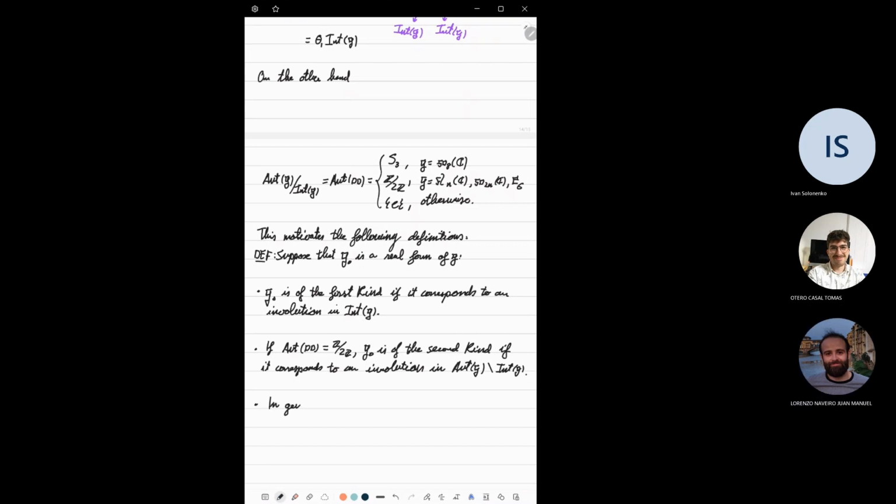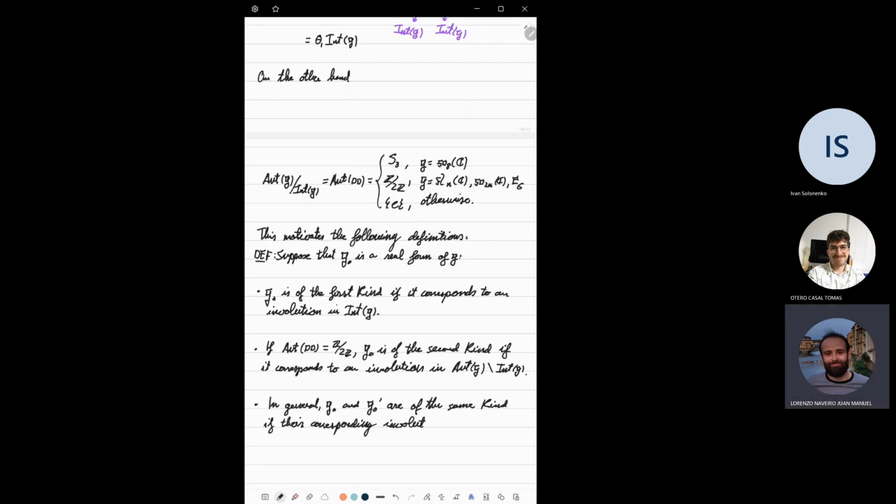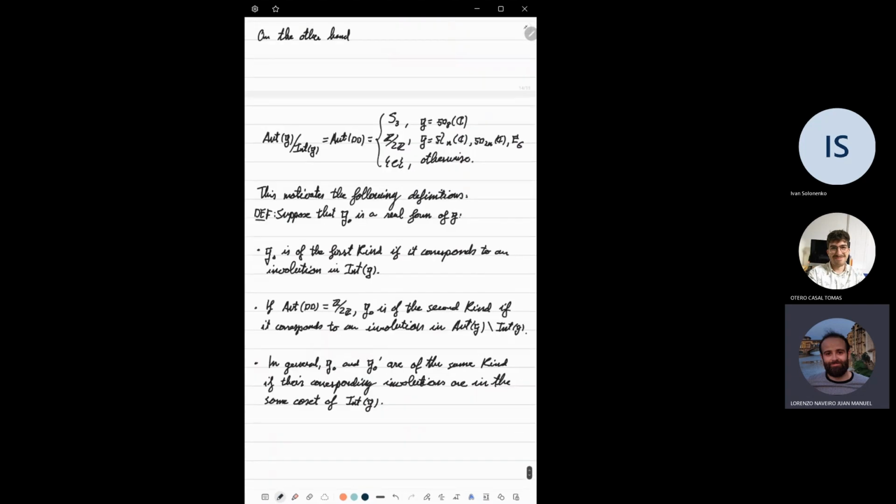In general, G0 and another real form G0 prime are of the same kind if their corresponding involutions are in the same coset of the inner automorphism group, or equivalently if they give the same Dynkin diagram automorphism.